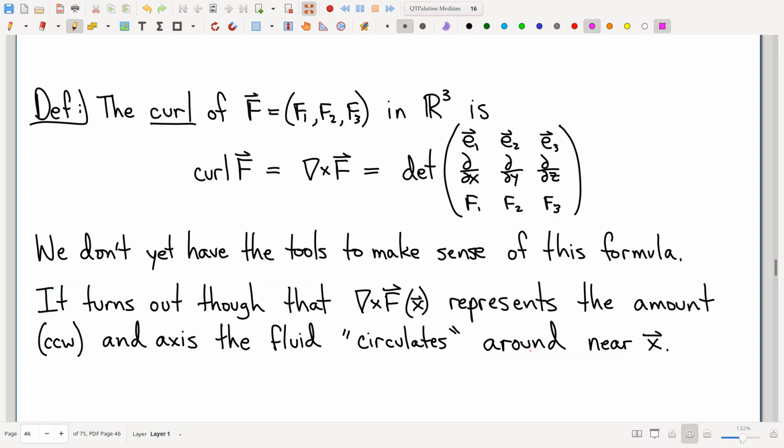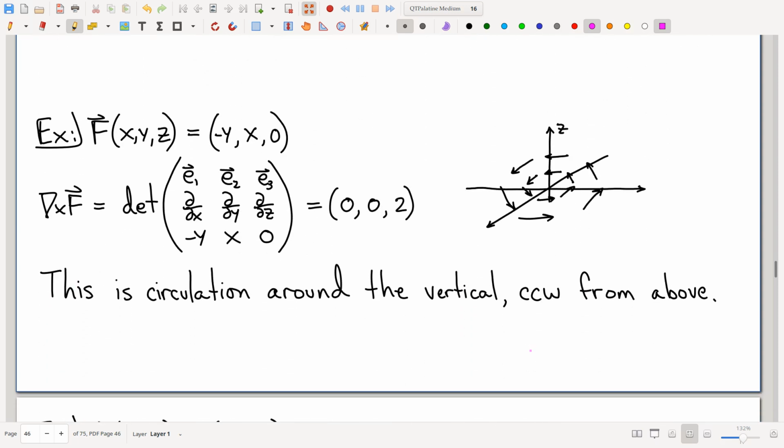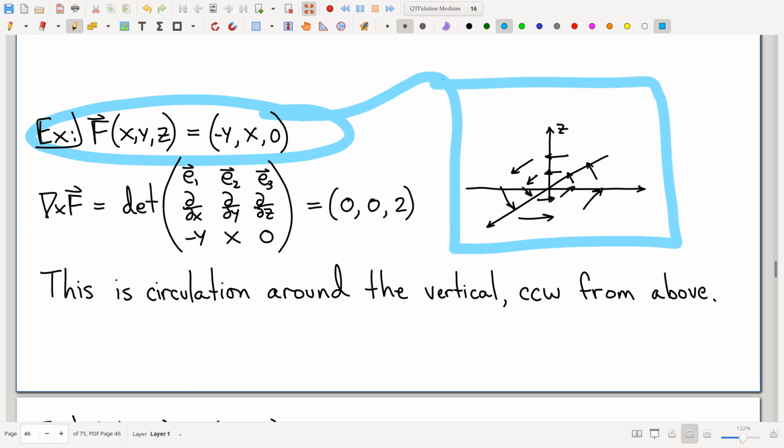Okay. All right. So let's get our hands dirty. Let's see one. Now, vector field, I claim it looks like this. Again, make sure you can figure that out. Let me give you a quick hint on this one. Notice the X and Y parts look a lot like a vector field we've already studied. This is what I like to call the stirred pot. You look down on a stirred pot and you stir it counterclockwise.